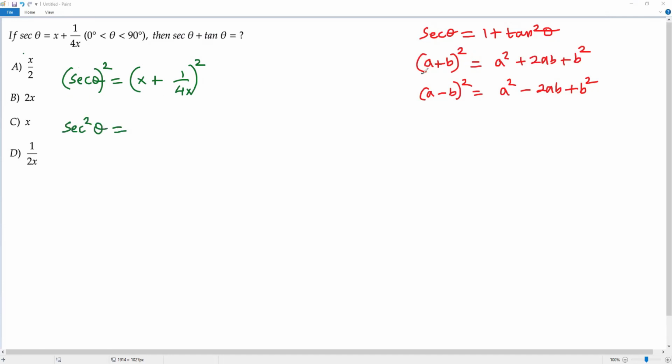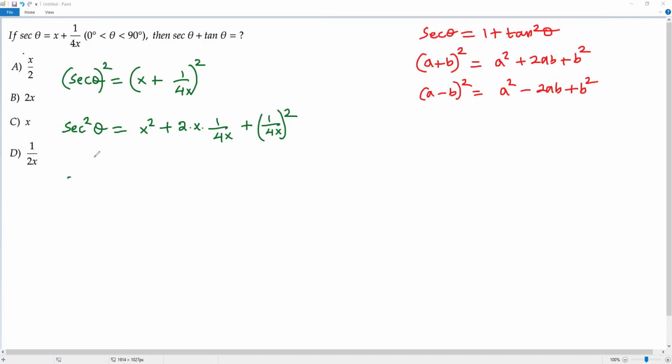We can use this identity to get the expansion of the square of the binomial. Comparing, in the place of a we have x, and in the place of b we have 1/(4x). So in this expansion, we plug in x for a and 1/(4x) for b. Then we have x squared + 2 times x times 1/(4x) + (1/(4x)) squared.